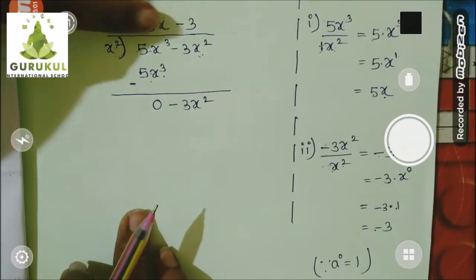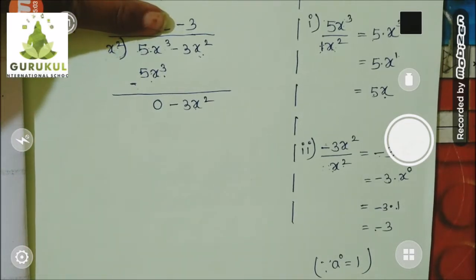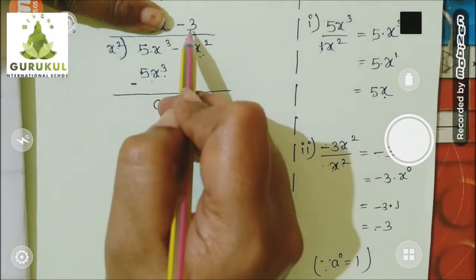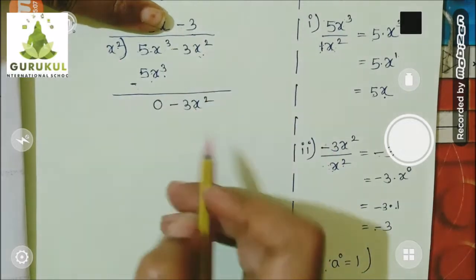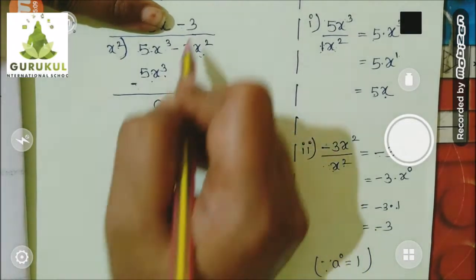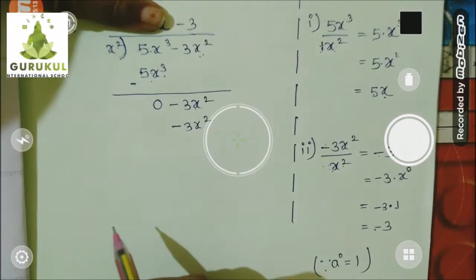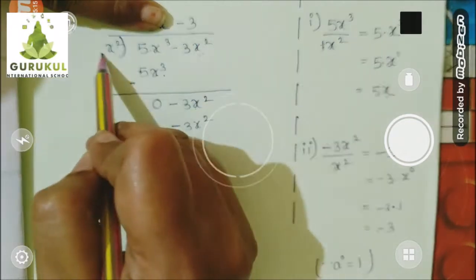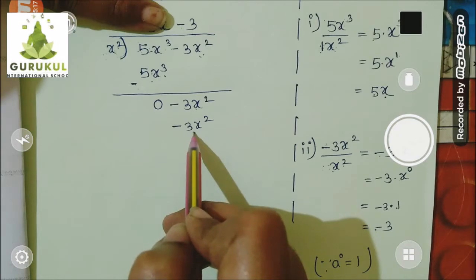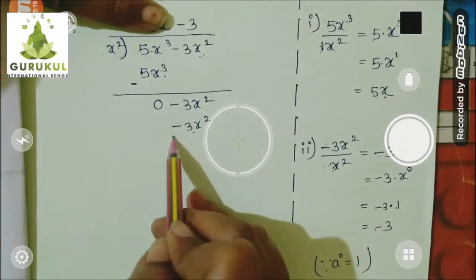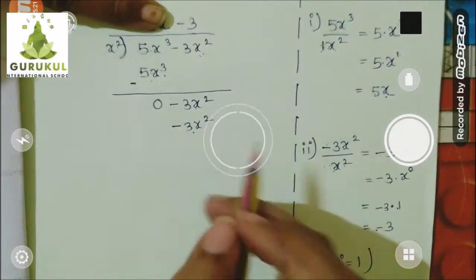And children, multiply this x square into minus 3. Plus into minus is minus. You will get definitely this term, 3x square. Understood? So multiplied, this product we have written over here, plus into minus minus, x square into 3, 3x square.